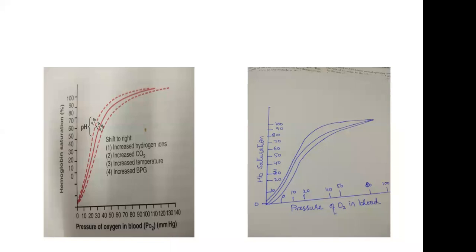On the left side, you can see from 0 it goes up to 100, and on the x-axis, the baseline, pressure of oxygen goes up to 100. So both are at 100 each. Means at 100 partial pressure, hemoglobin is 100% saturated. All the 4 pockets are filled up.